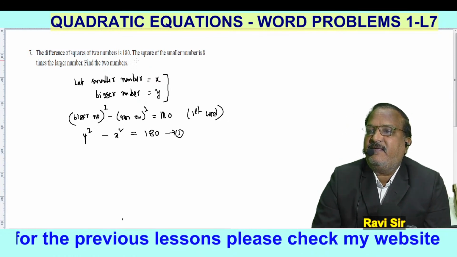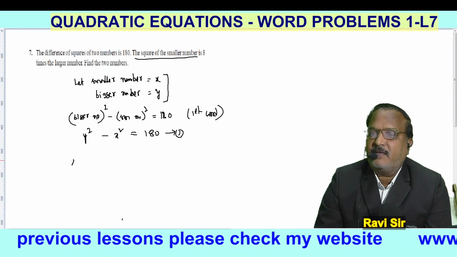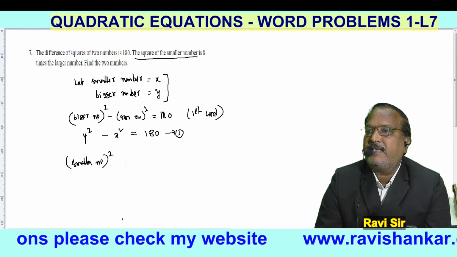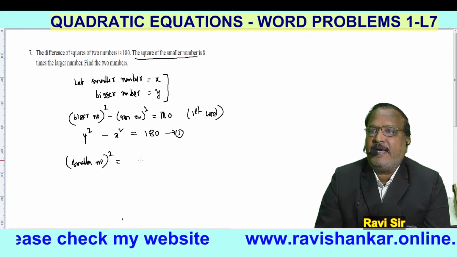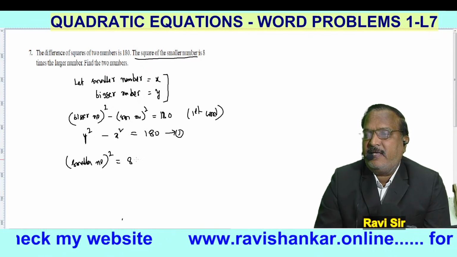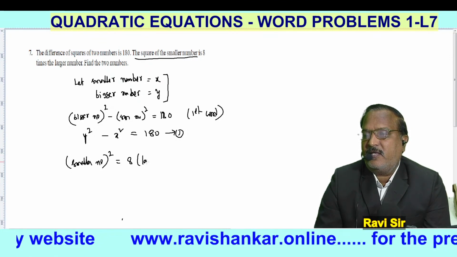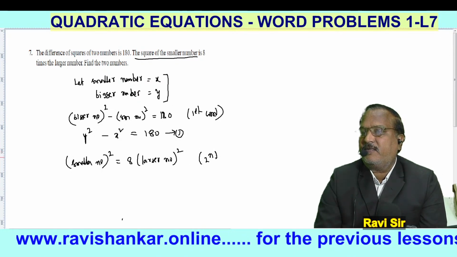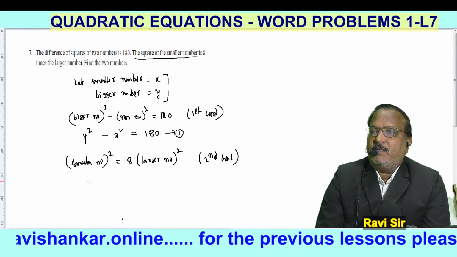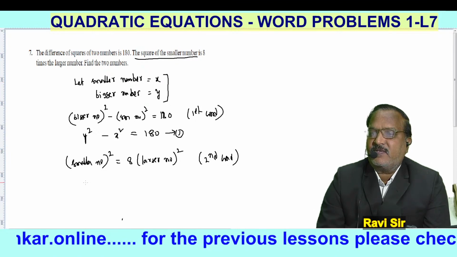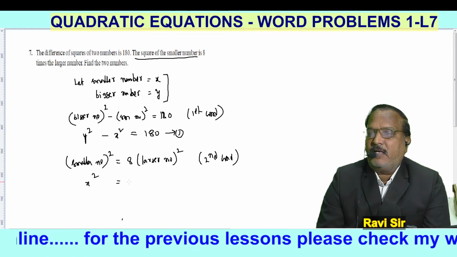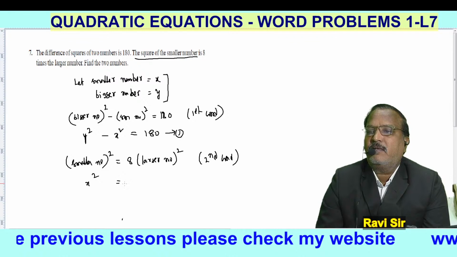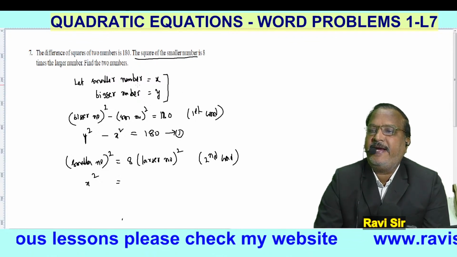Now what is the second equation? The square of the smaller number is equal to 8 times the larger number.